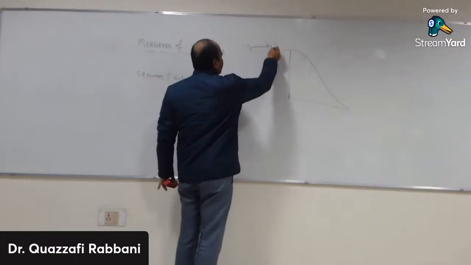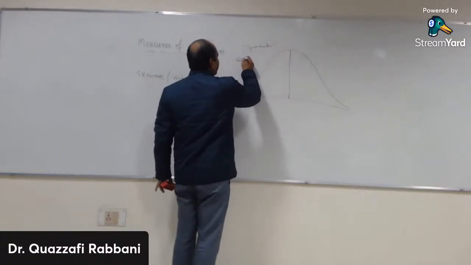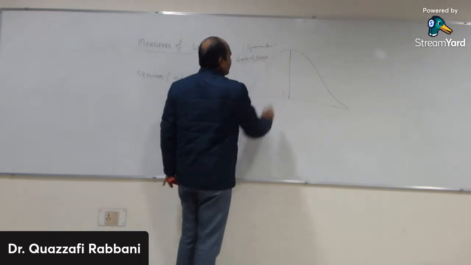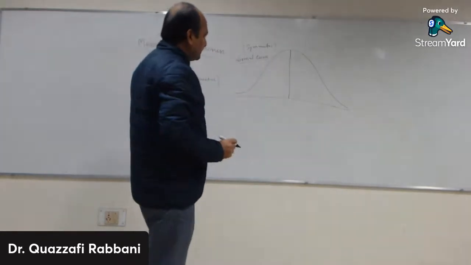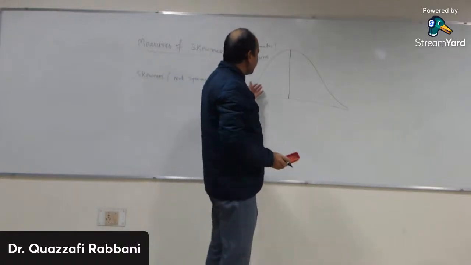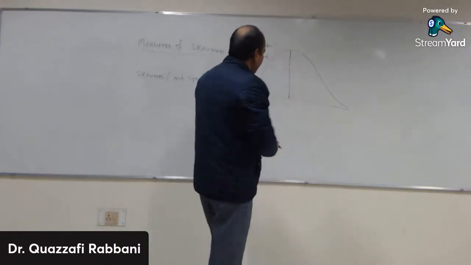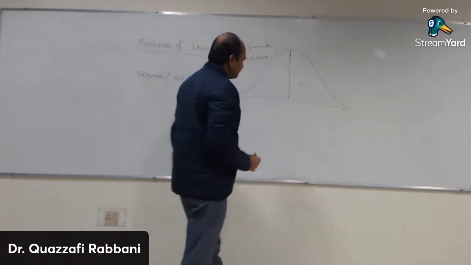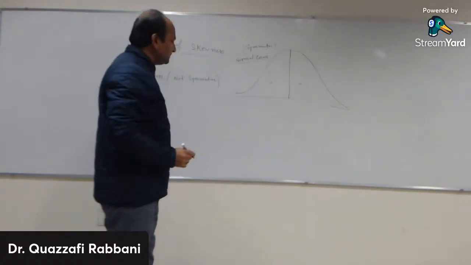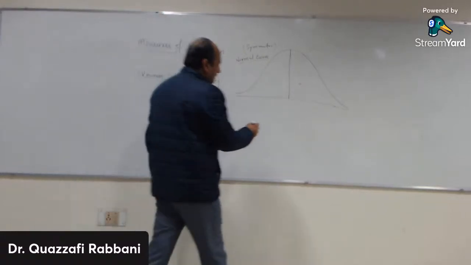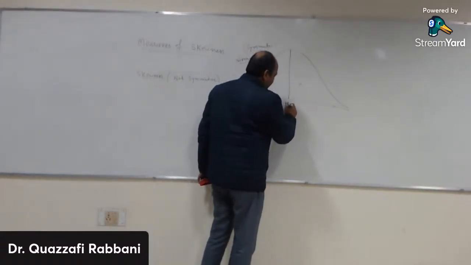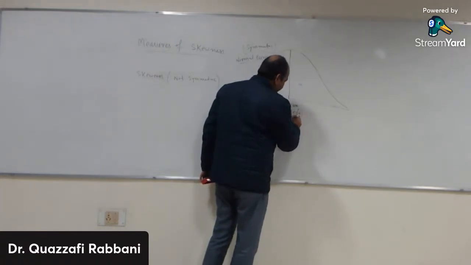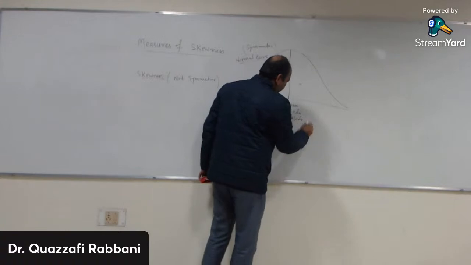It is bell-shaped, and these two sides are identical about the midpoint: mean, median, and mode.